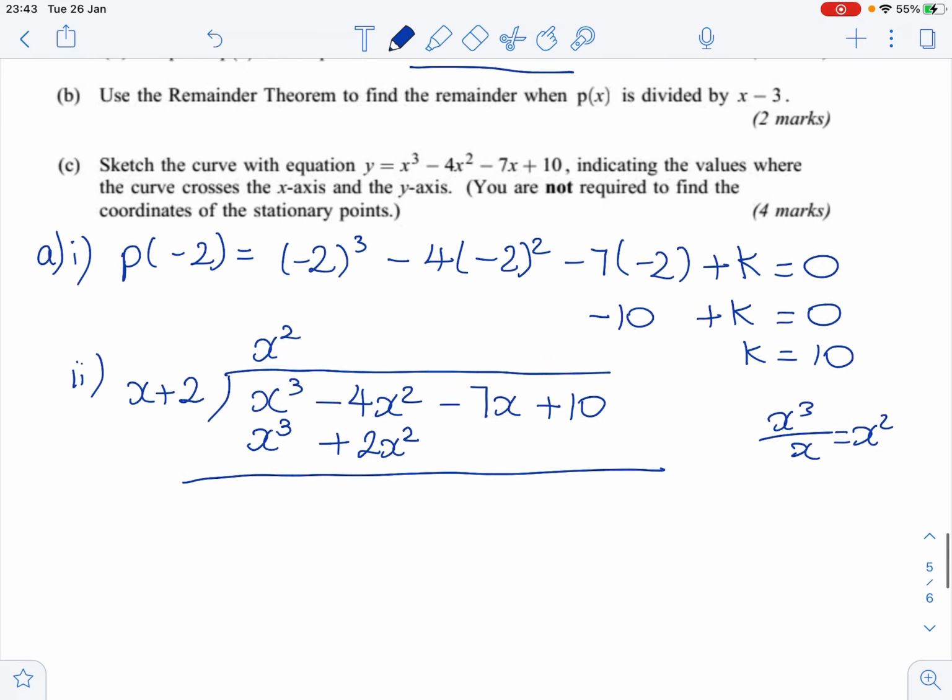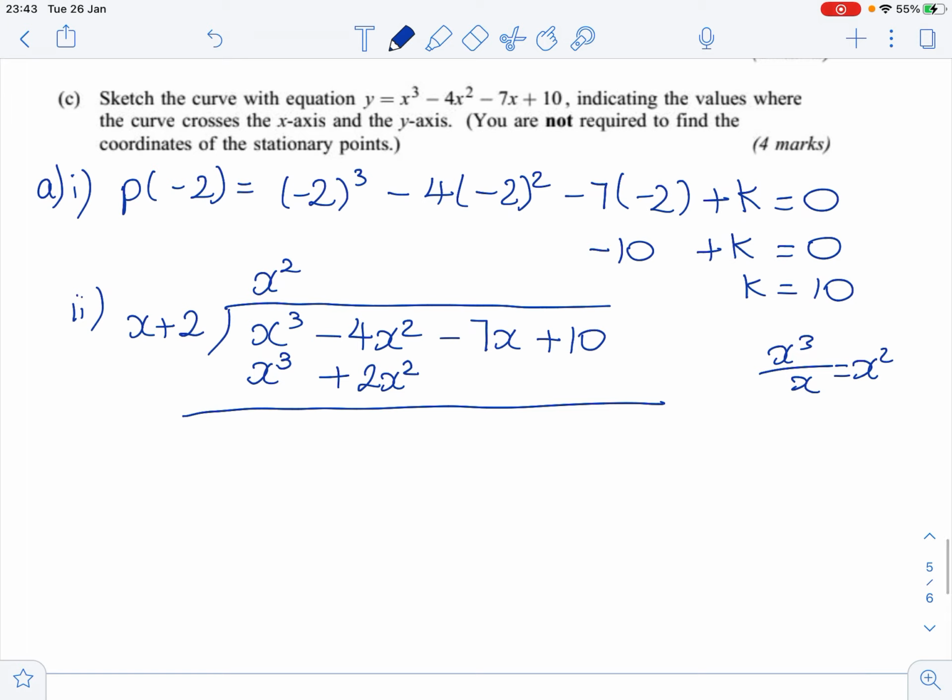Then we're going to subtract. x cubed minus x cubed is 0. Then minus 4x squared minus 2x squared becomes minus 6x squared, minus 7x plus 10. Then we're looking at this term here.